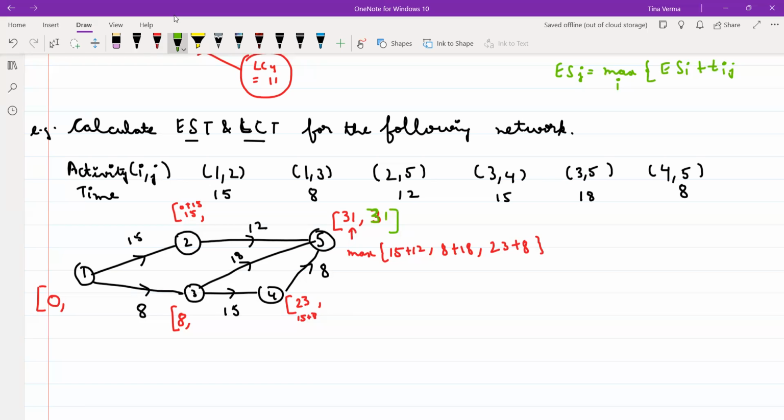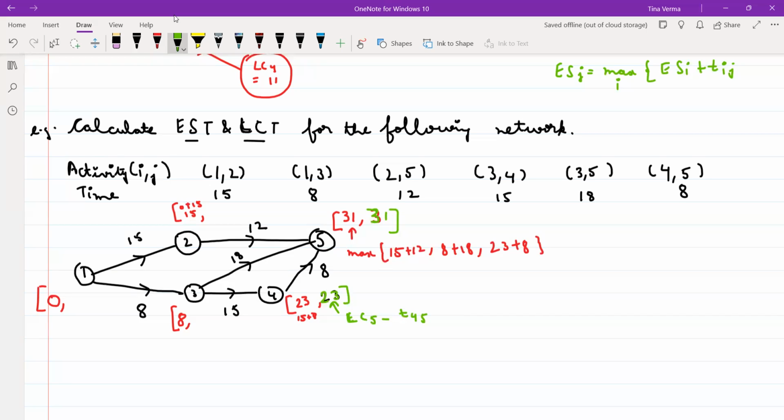Now for finding the latest completion time of the fourth activity, what do I have to calculate? Where is the fourth activity coming from? It is coming only from the fifth activity, so what will it be? That is LC5 minus T45, that is 31 minus 8, that will be your 23. Is it clear?